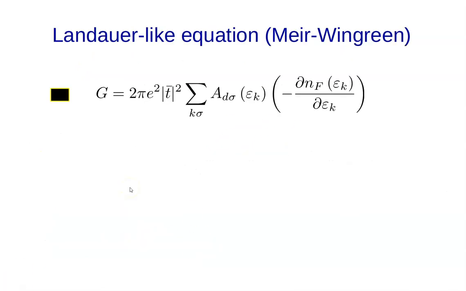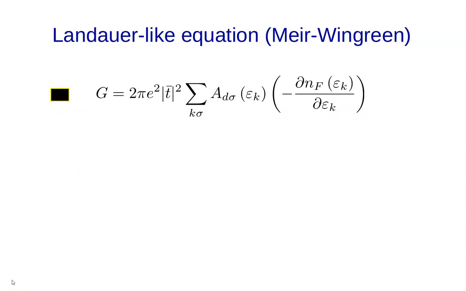We're almost there, and let's now express the conductance in terms of the spectral function for the impurity operators with this derivative of the Fermi distribution with the energy of the band electrons. And notice that A_k sigma disappeared here. So let's see how we arrive at this expression, starting from the one that we had in the previous slide.